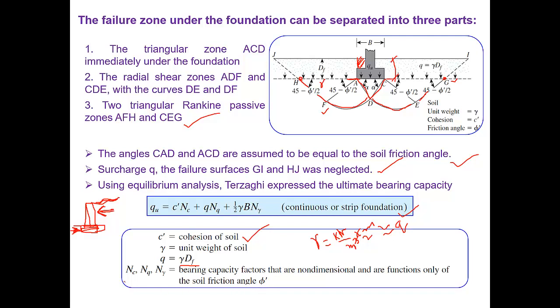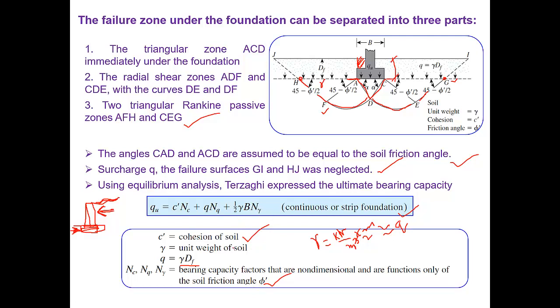So these three bearing capacity factors depend on the friction angle only, right? Researchers developed these factors based on the friction angle. For different soil locations you might have different friction angles, so based on that you have these changes.